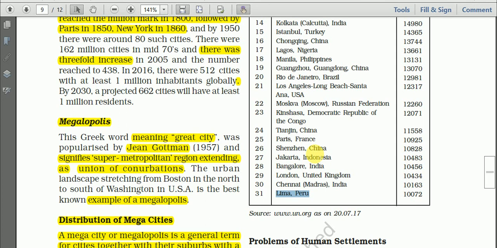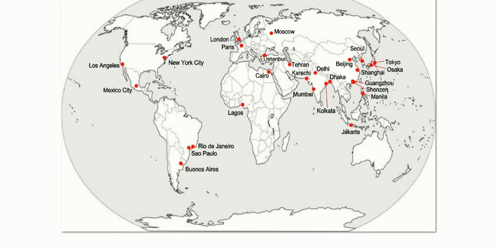These are the 31 megacities in the world, and in your textbook there is no map depicting the megacities, but here is one map that I downloaded. This map shows important megacities in the world. Here it mentions only the old names and not the new names.